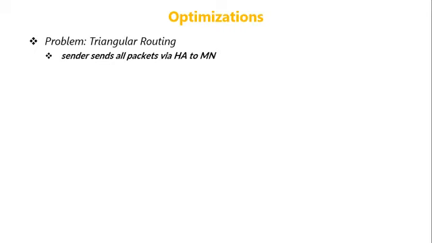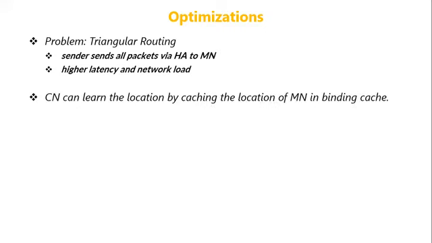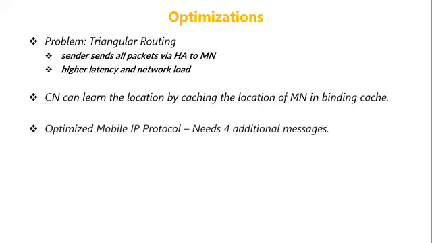This is particularly a problem if the mobile node and the HA are separated by a large distance. So one way to optimize the route is to inform the CN about the current location of the MN.